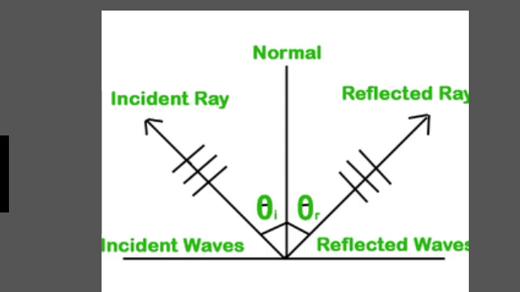Reflection of sound: sound bounces off a solid or a liquid, similarly to how a rubber ball bounces off a wall. Like light, sound also gets reflected at the surface of a solid or a liquid and follows the same laws of reflection.